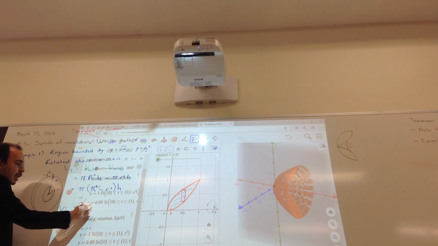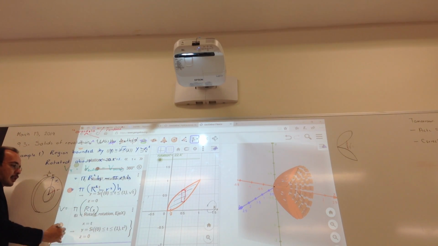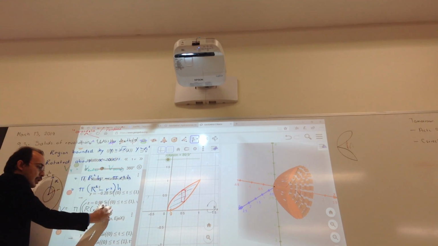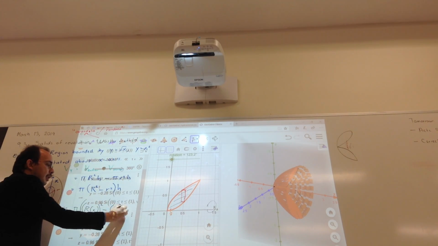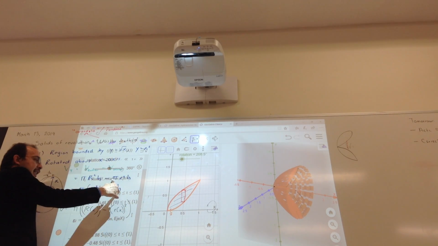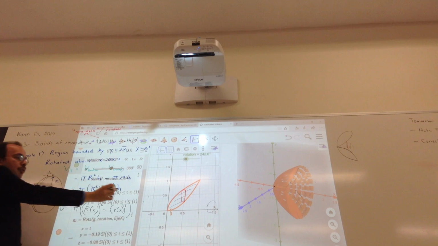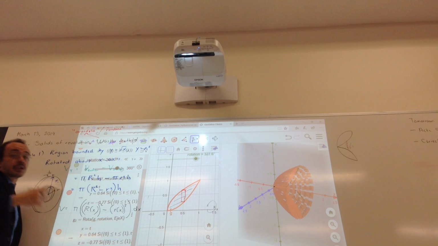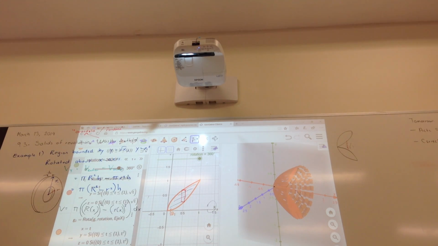So we're going to call it now R of x squared minus the small radius as a function, because it's the other function, times dh, which is the width, is going to be represented by what? By dx, or dy, if it's in terms of y. Okay? And that's just a single washer.